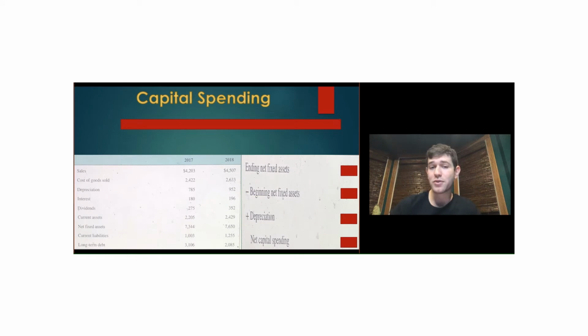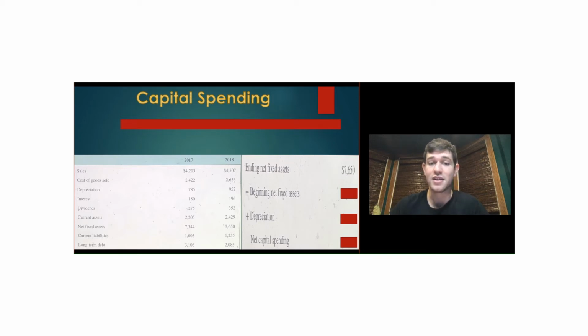Then we need to do capital spending. The formula for capital spending is end net fixed assets minus beginning net fixed assets plus depreciation, and then we get net capital spending. So where do we find this information? The end net fixed assets. So we have 2017 and 2018 data. If we go into our table which was given, we see that at the end of 2018, the net fixed assets was 7,650.